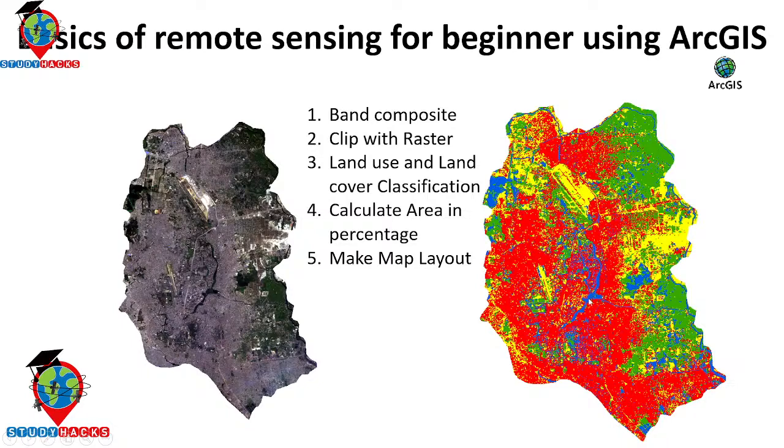Suppose how much water body, how much settlement area, how much vegetation, how much barren land is available in this study area, we also try to calculate. And finally, we also talk about making the map layout. This time, I will show you all of those things from scratch or beginner level. So I hope you can easily learn how to do this type of analysis.